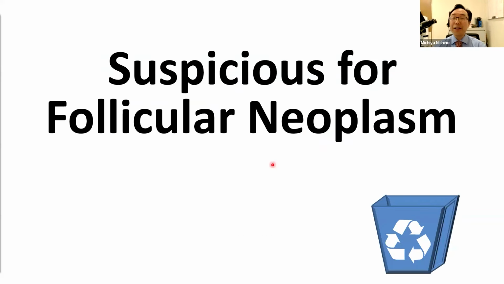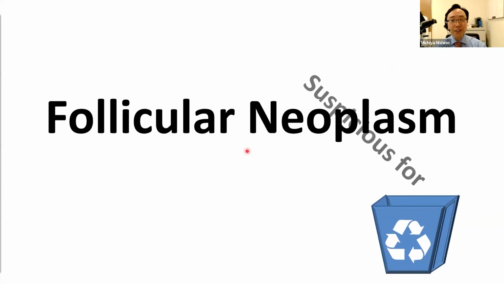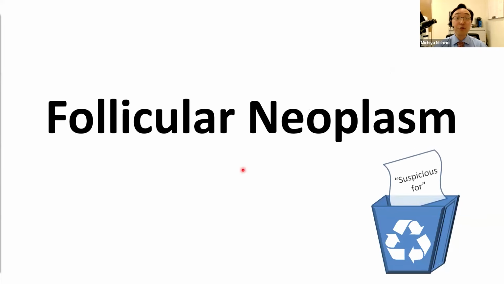Just as a side note, the first two editions of the Bethesda system suggested the term suspicious for follicular neoplasm as an equivalent alternative name for this category. But for the current third edition, the Bethesda system has removed the suspicious for terminology and now endorses the simpler and clearer term follicular neoplasm instead.